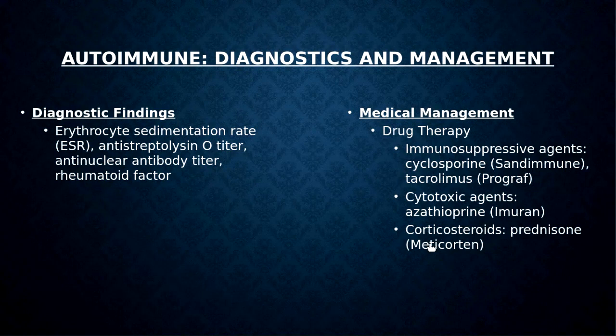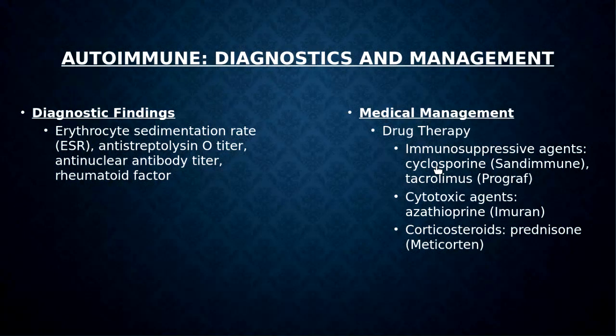So if you think of something right now, anyone who's taking these medications right now are at risk for what? What's going on right now that makes them at risk? Yeah, if it lowers their immune system. Coronavirus. Yes, COVID.